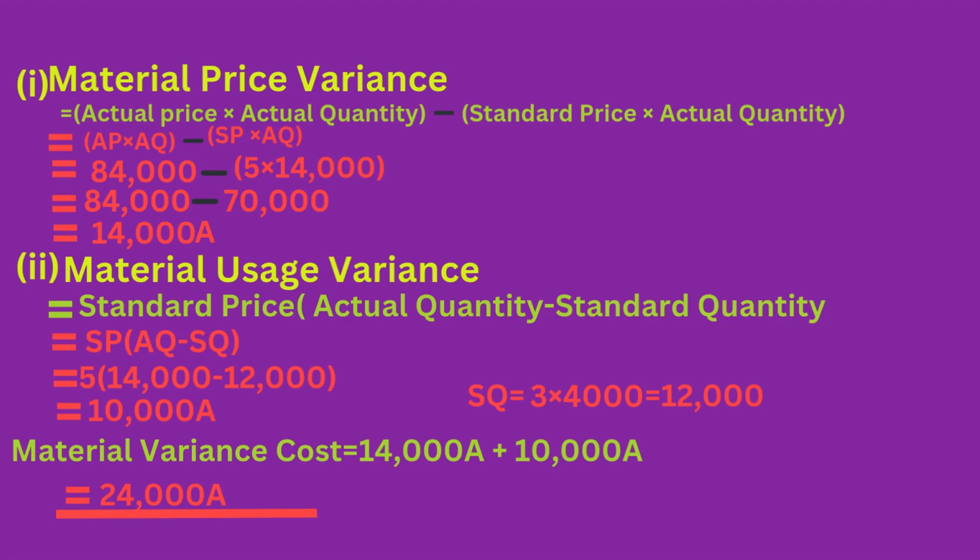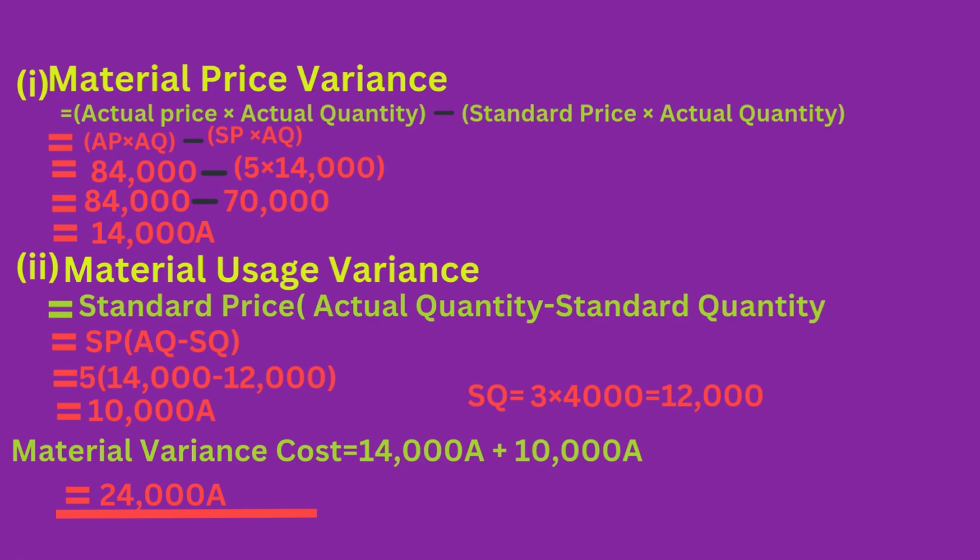So it's 84,000 minus 5 multiplied by 14,000. 5 multiplied by 14,000 is 70,000. So it's 84,000 minus 70,000, we get 14,000.